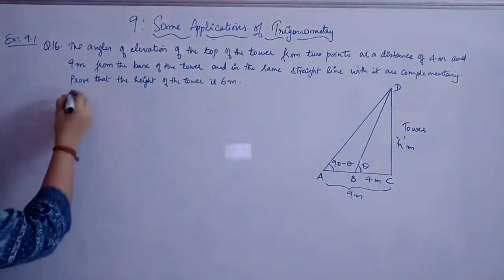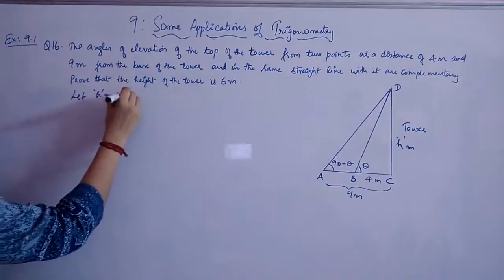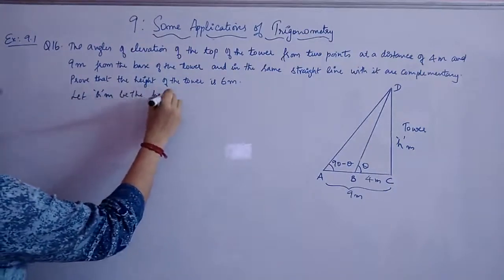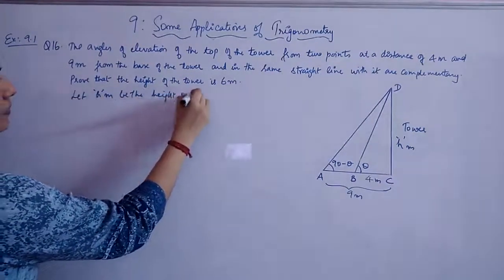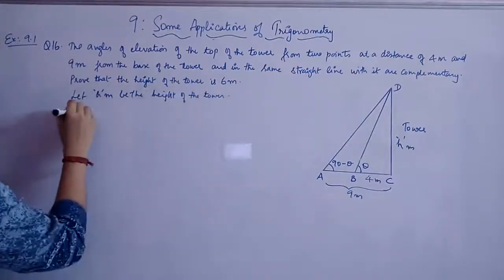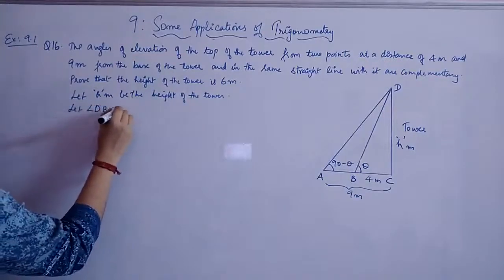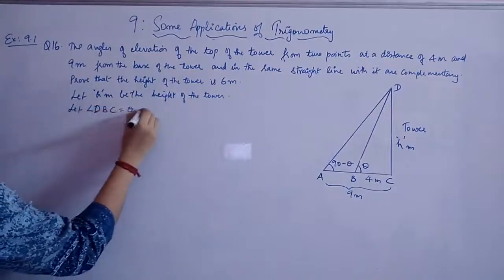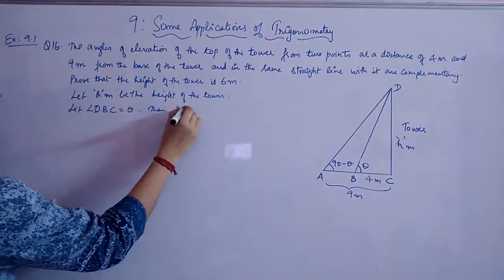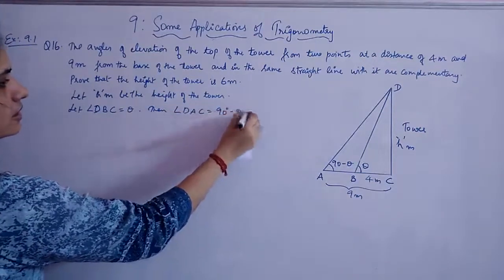Okay, so let h meters be the height of the tower. Then what is our supposition? Let angle DBC is equal to theta. Then you will get angle DAC is equal to 90 minus theta.